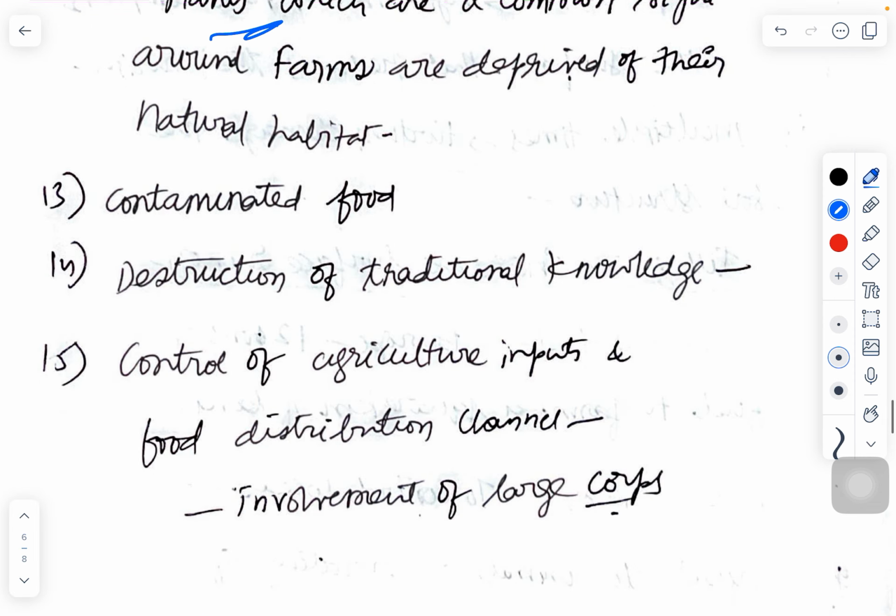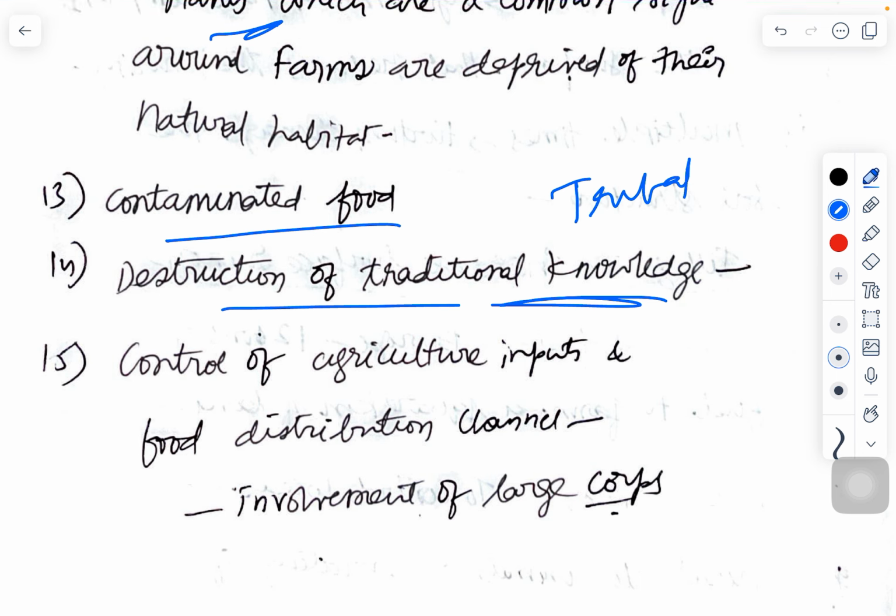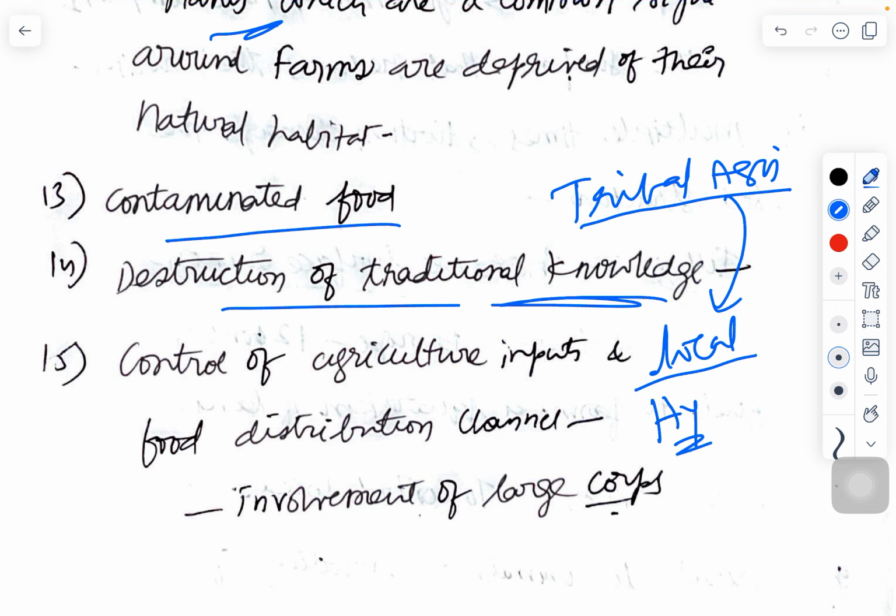There is also contamination of food, and destruction of traditional agricultural knowledge, like the hundreds of varieties of rice. It could be tribal agricultural knowledge or local knowledge as well, if you are not going for a high yield variety, like local methods of preserving seeds or managing pests, right?